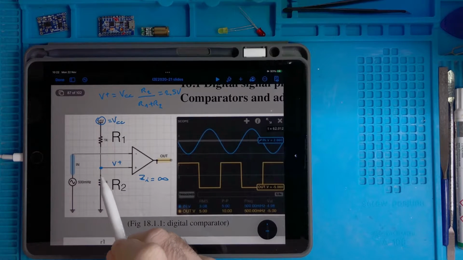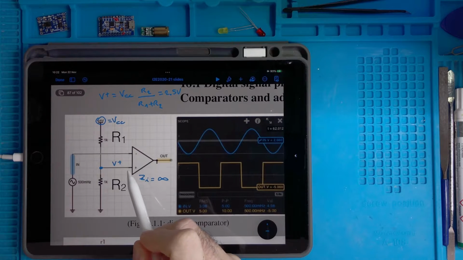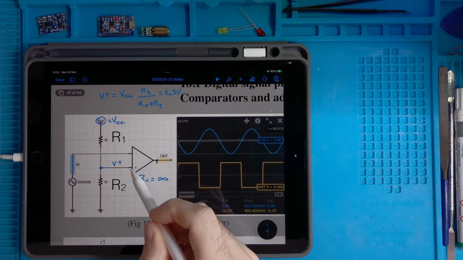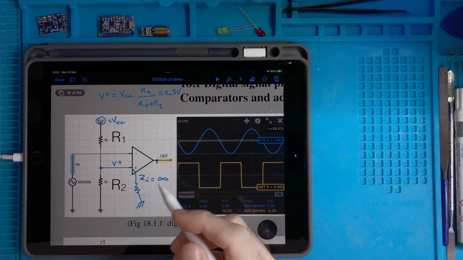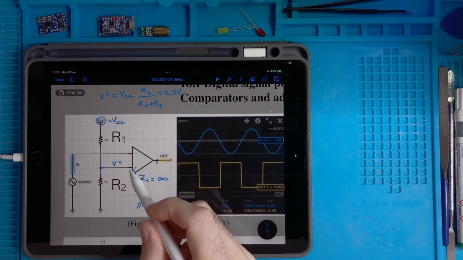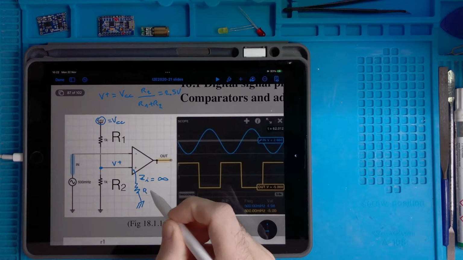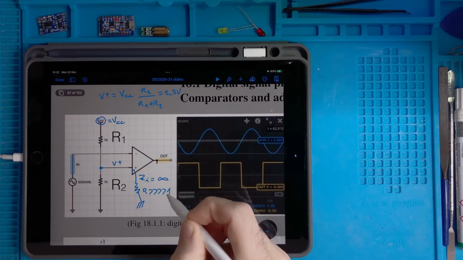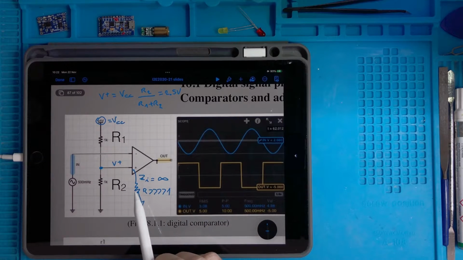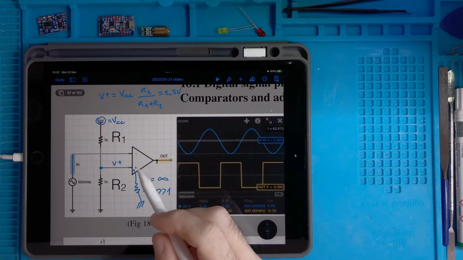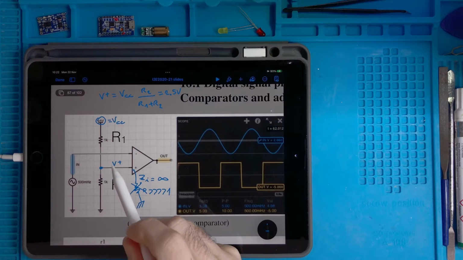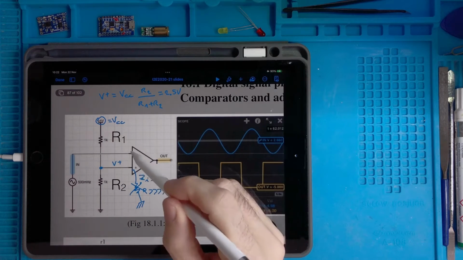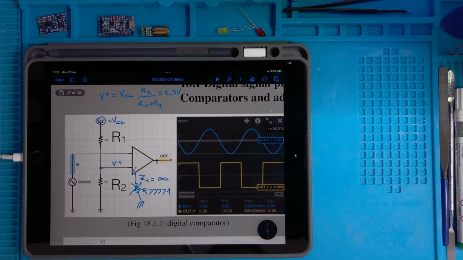And so we can assume that basically no current is entering here, which means that a hypothetical parasitic resistor that might be present here or somewhere else is very, very big. And if we put a very big resistor in parallel to something else, it's as if it is not existing. So this V plus voltage is not affected by the presence of this operational amplifier. This is the end of the story.